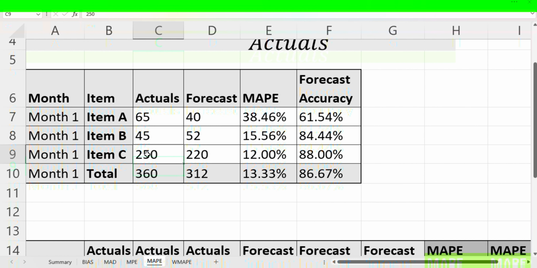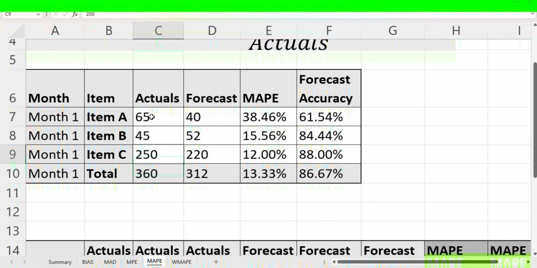For example, let's take a look at item C. We have actual sales 250 for a given month. And item A 65 pieces, right? So any drop or any improvement in forecast accuracy in item C will have a much larger impact than item A. So any improvement in forecast accuracy or error in item C will improve the customer service level much faster than if we put our effort on item A, right?